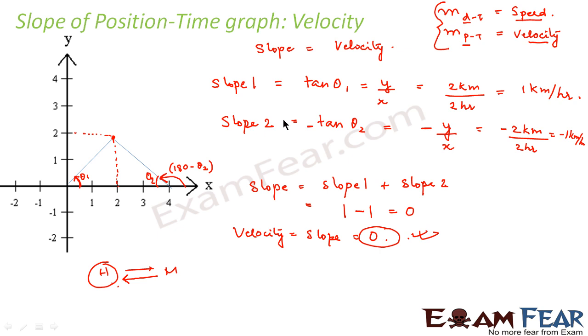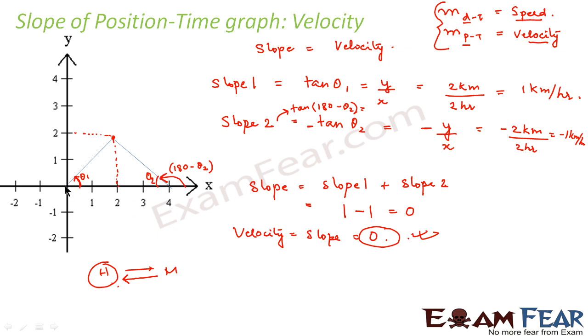Just to clear your confusion, I guess I missed writing here that slope 2 would be tan of 180 minus theta 2, which would be equal to minus tan theta 2, that is equal to this. So we'll quickly review this. We know that velocity would be the slope of this curve.